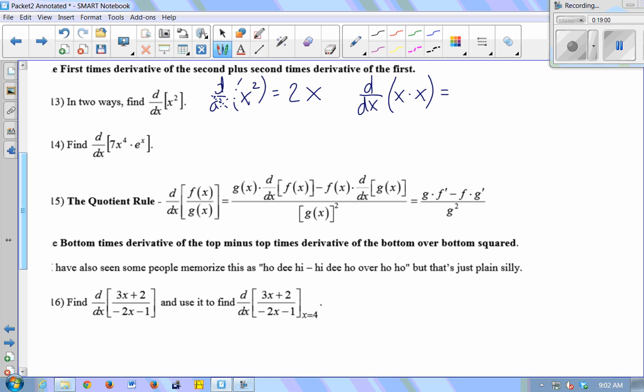This is just sort of a quick little verification to make sure that this comes out to the derivative we expect. Okay, first function, x, times the derivative of the second function, which would be what? 1, plus the second function, which is x, times the derivative of the first function, which is 1, and I have x plus x is 2x. Checks out.